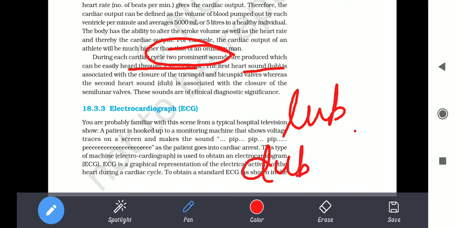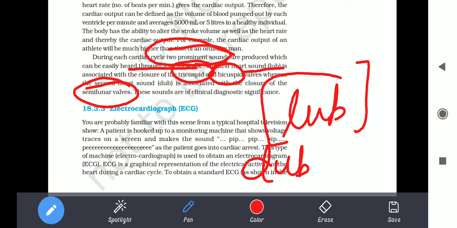The first sound is produced when the tricuspid and bicuspid valves get closed, and the second sound is produced with the closure of the semilunar valves. When the tricuspid and bicuspid close, we hear the sound lub, and when the semilunar valves close, we hear the sound dub.